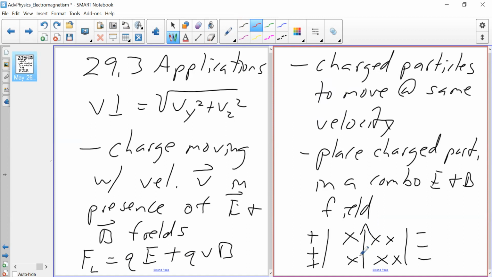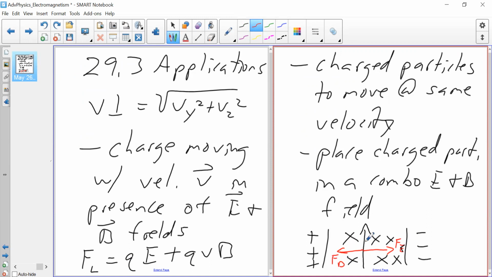That particle is moving up. We know that there's going to be an electric field pointing to the right, because electric fields go from positive to negative. And by the right-hand rule, the magnetic force will be pointing to the left. Your thumb should be pointing up the plane, and your fingers should be into the board or your paper, and your palm points left. So we have a magnetic force that points like this.